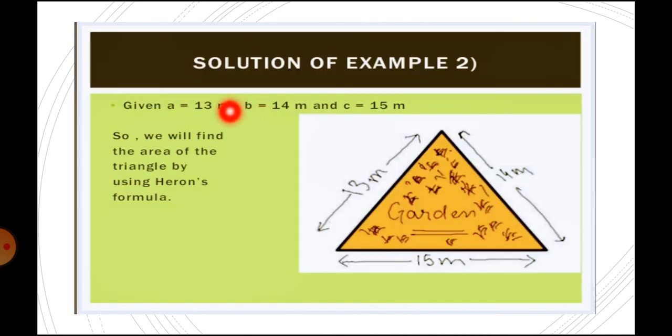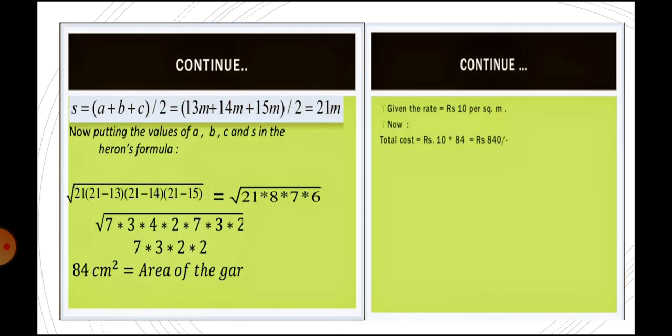Given a is equal to 13 meter, b is equal to 14 meter, c is equal to 15 meter. So we will find the area of the triangle by using Heron's formula. Putting all these values, we get s is equal to 21 meter.